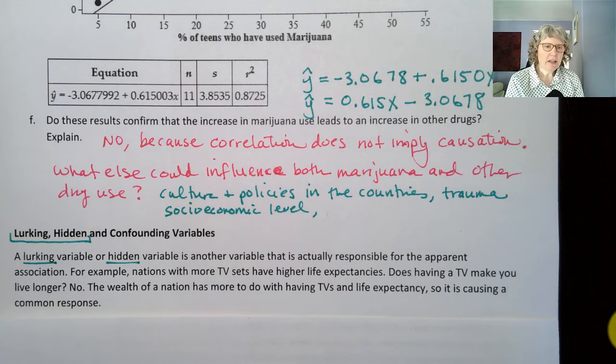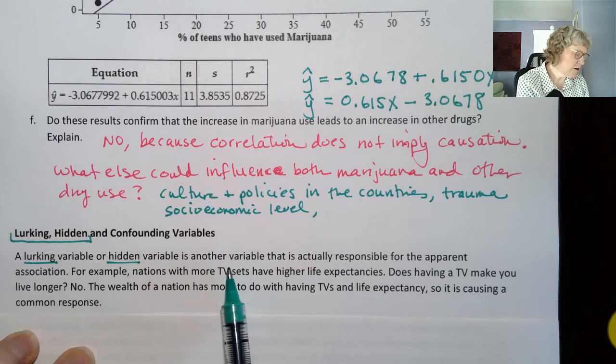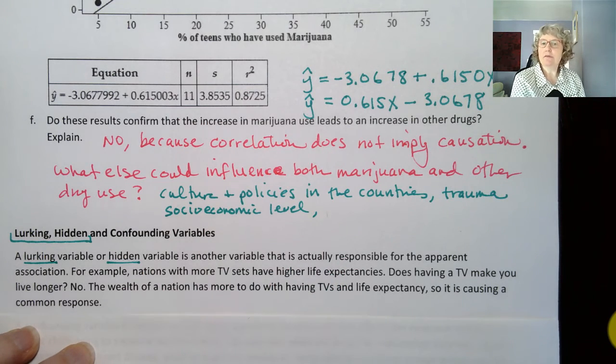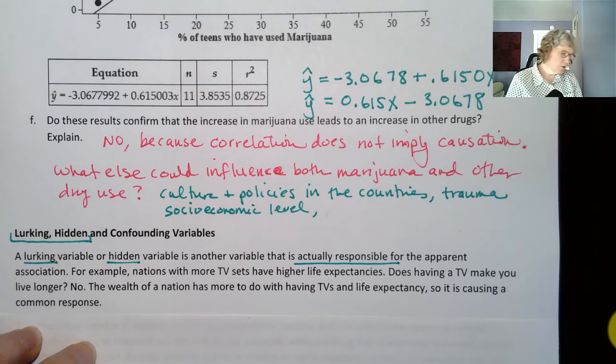So lurking and hidden have very similar meaning. What that means in statistics is another variable that's actually responsible for the association. So it's a hidden variable that's actually causing both.